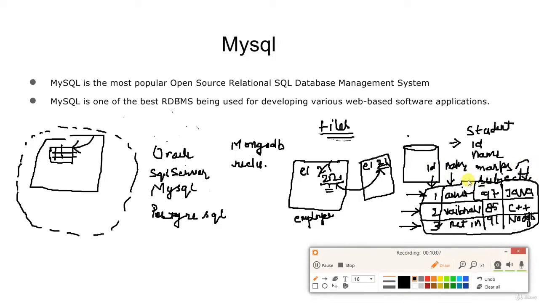So if you have an intersection of rows and columns, then you can model any kind of real world entity in that table. So always remember that a relational database means a kind of database in which data is stored in the form of tables. Clear? So let us continue our discussion.